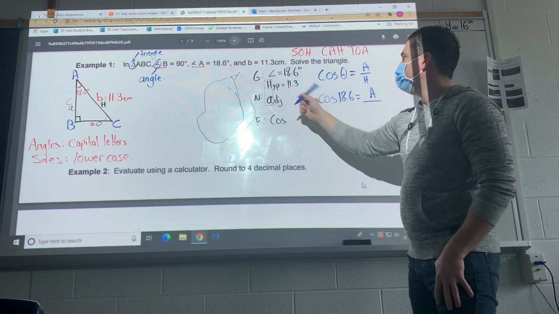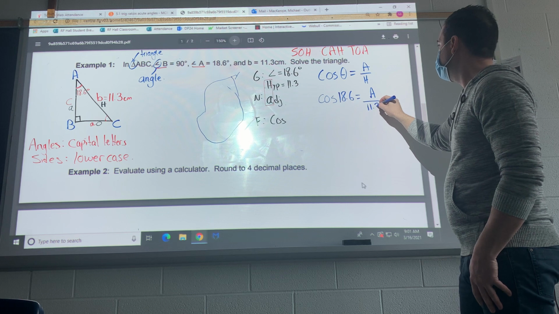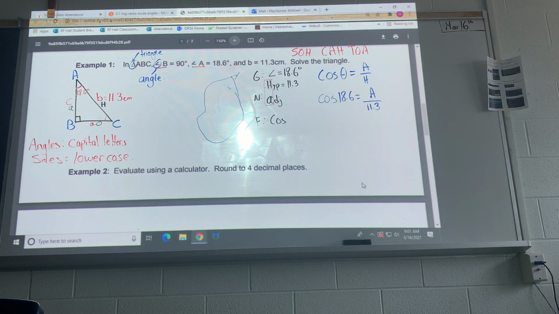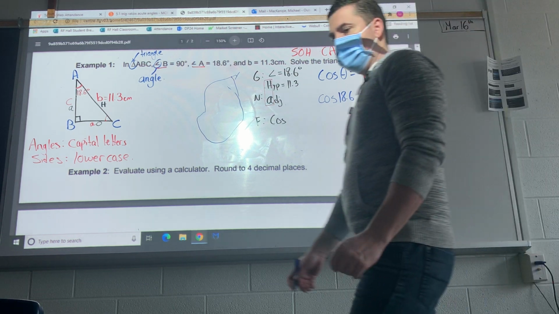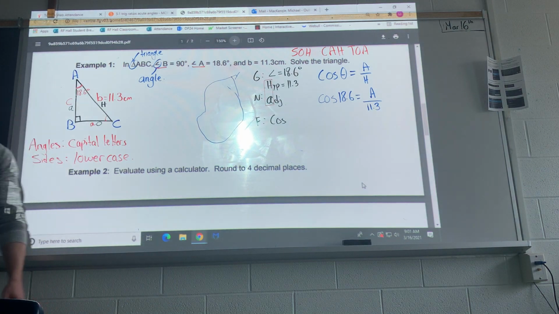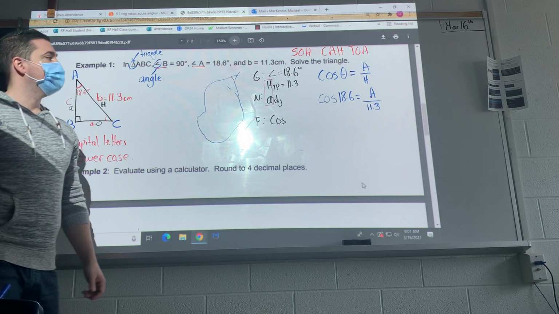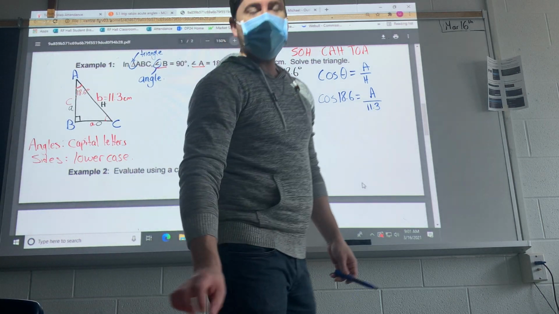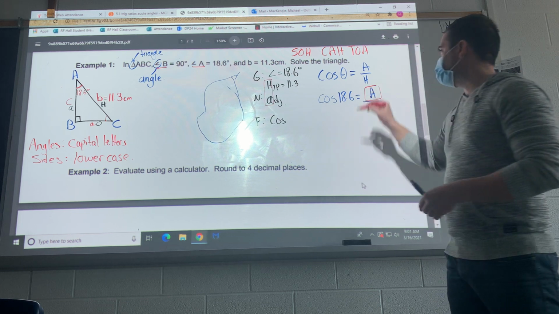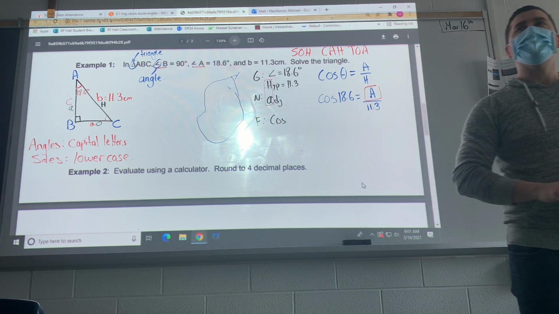And our hypotenuse is 11.3. Okay, so now we solve for A. So we want to get A by itself. So what do we do to get A by itself?